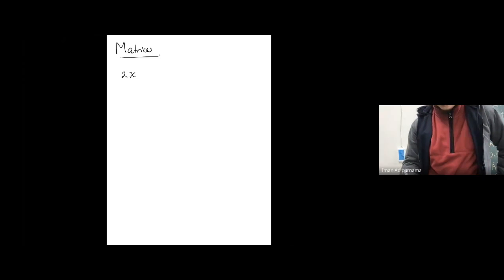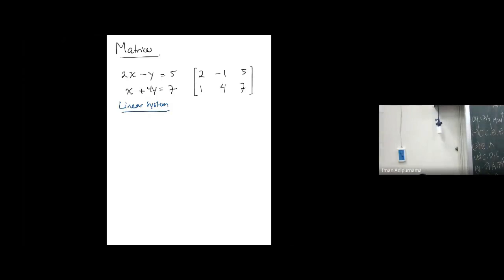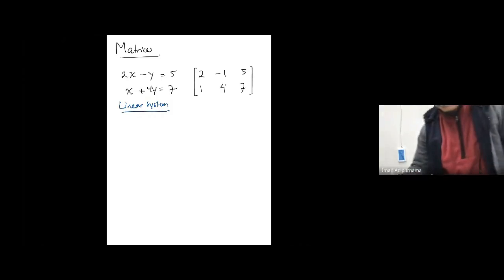If I have 2x minus y equals 5, x plus 4y equals 7, this is what we call the linear system. Before we learn the matrix the traditional way, I will show you the other form. We can write this equation as what is called the augmented matrix.